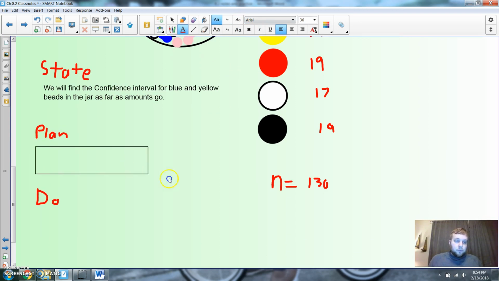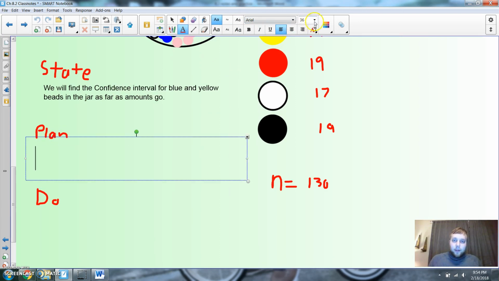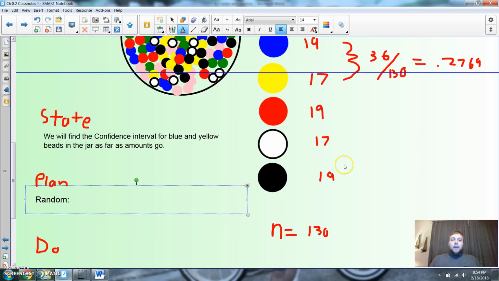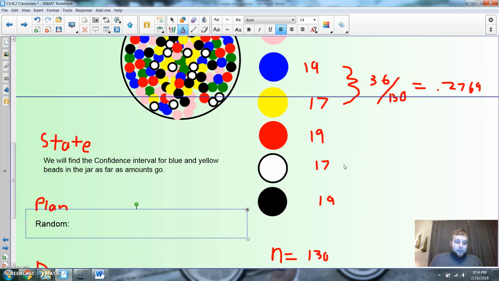Then we have to do the plan part. We made a statement, now we're on the plan. This is our random, normal, and independent test. So is it random? Did I take a random sample? Yes, I would say yes, the beads were not in any order.